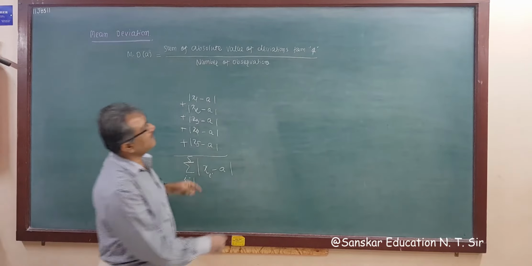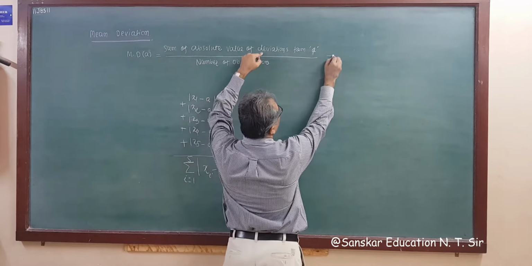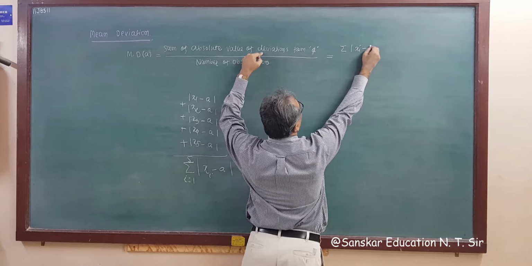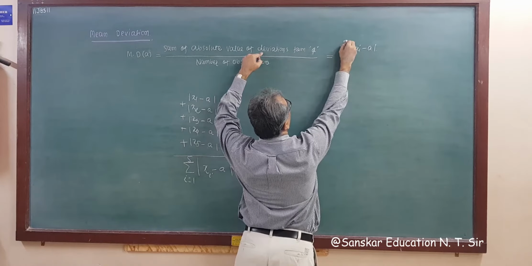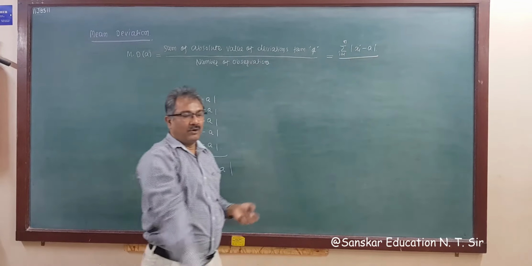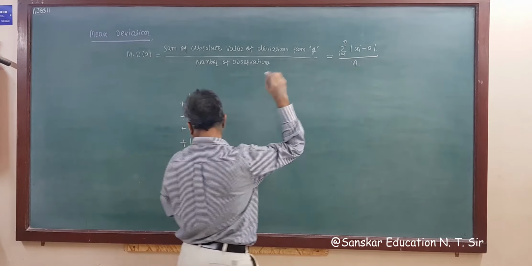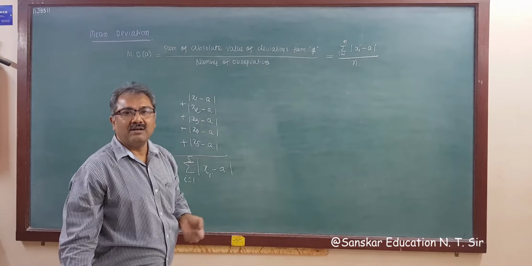So what is our notation for this sum of the absolute values of the deviations from A? Sigma modulus xi minus A, i running from 1 to n, whole upon the total number of observations, that is small n.